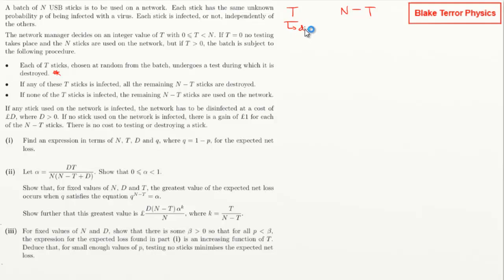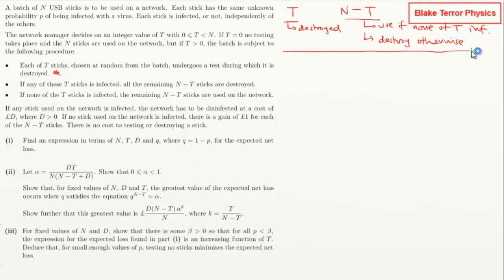And then we will use these if none of T are infected, and otherwise we destroy them. So they've split them into two sets of sticks. That seems fine. And then we've got various costs or gains depending on the outcome, whether we've infected the network or not.